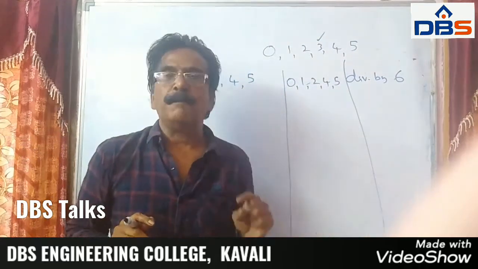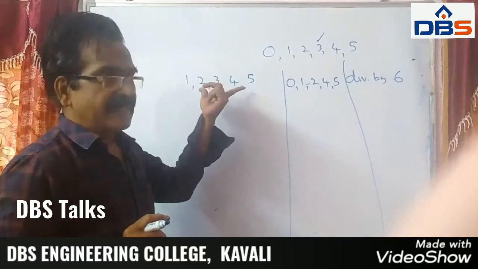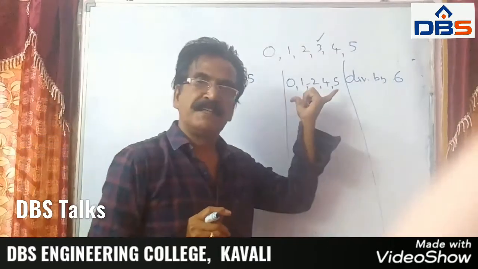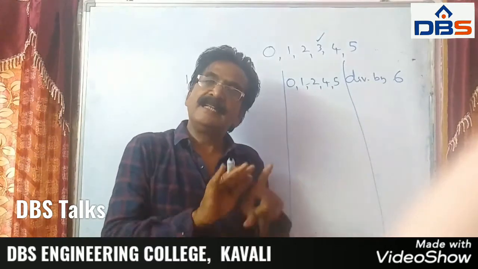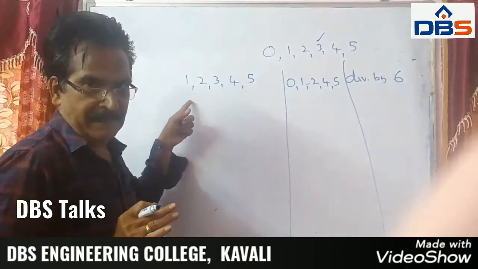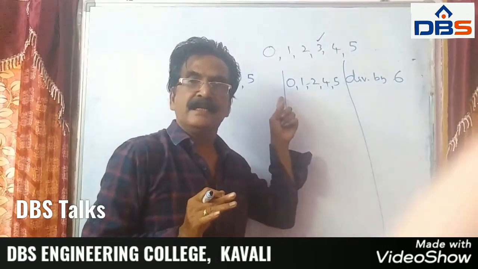If we form 5-digit numbers either with these numbers or with these numbers, then the numbers are divisible by 3, because here the sum is 15 and here the sum is 12.